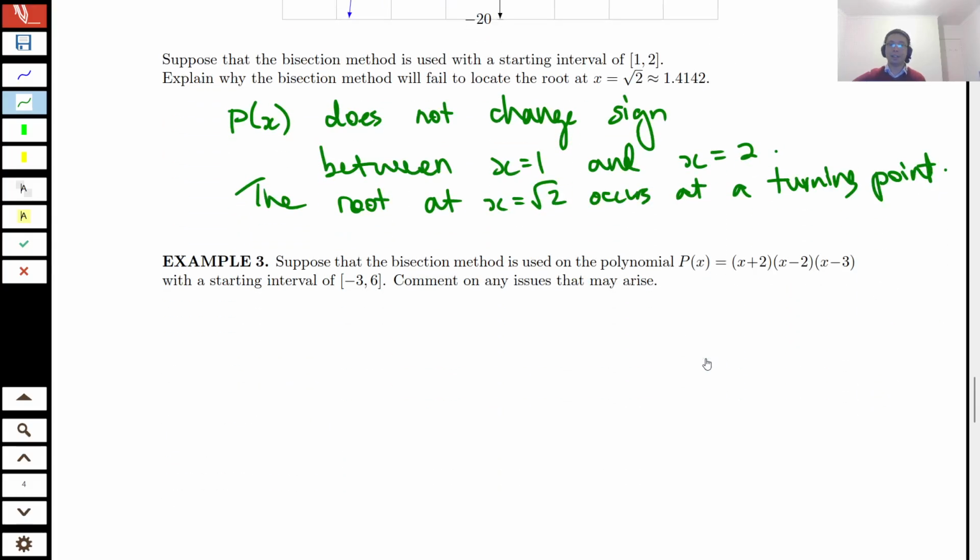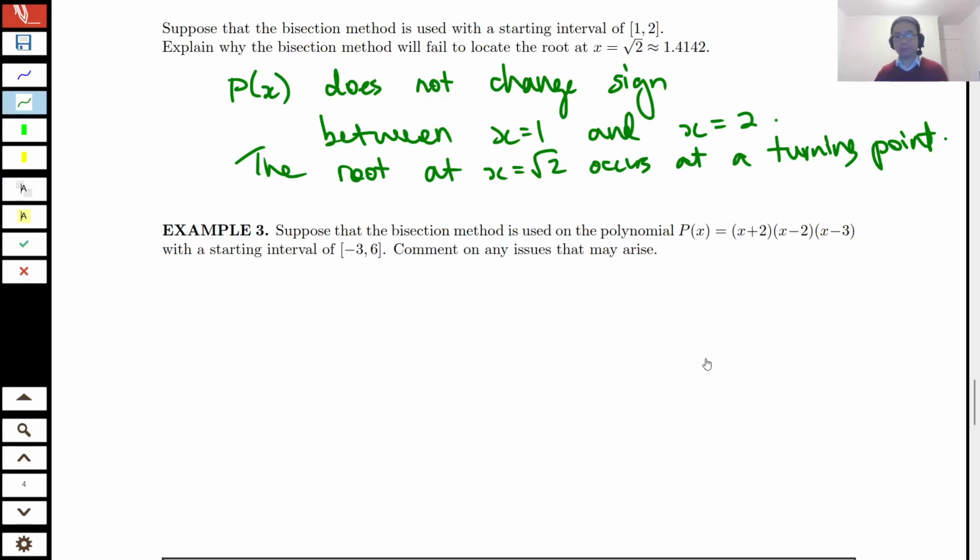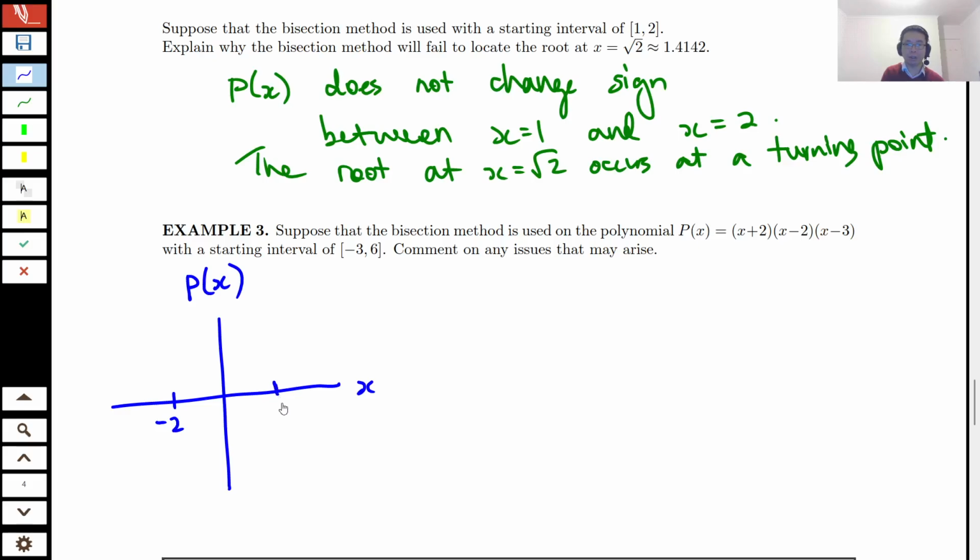All right, last example. Now, again, you're probably cluing up to what I'm trying to get at here. So let's start with a very, very rough sketch of this polynomial. I know that the polynomial is going to have roots at negative 2, positive 2, and positive 3.